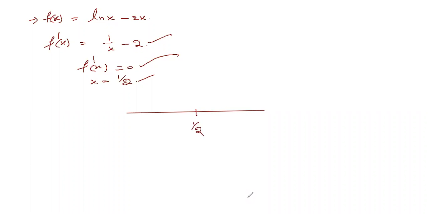Then right side f dash of 1 by 2 plus, left side f dash of 1 by 2 minus. So consider f dash of 1 by 2 plus.